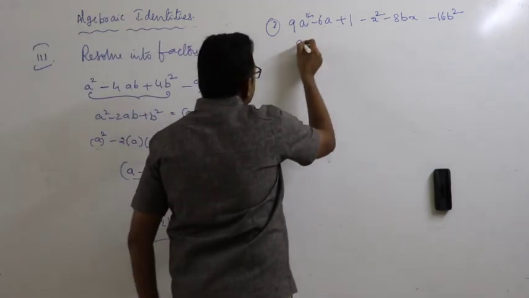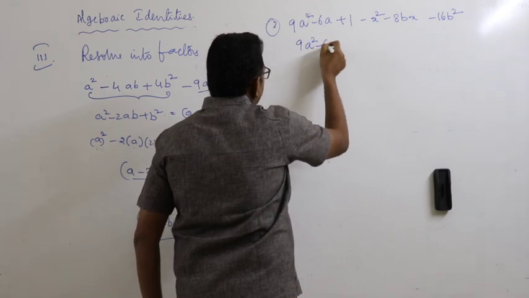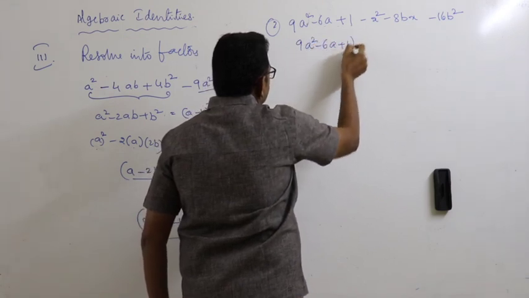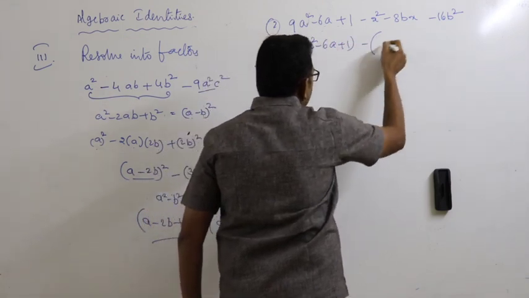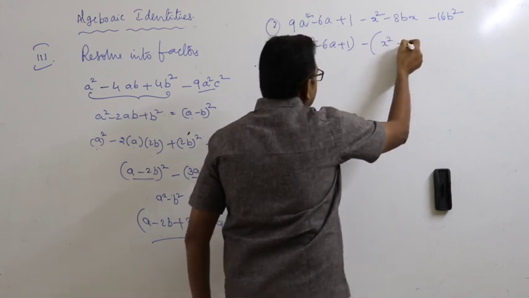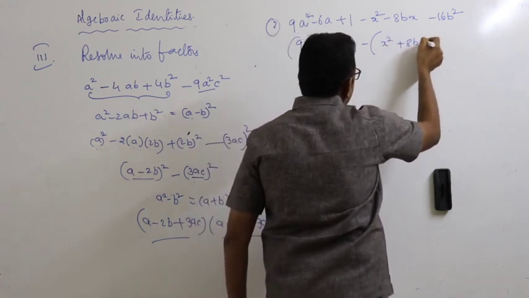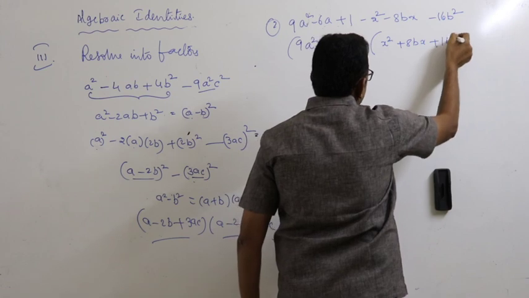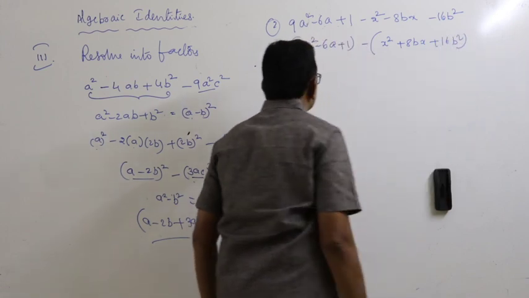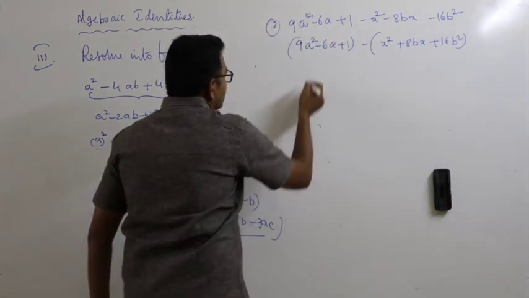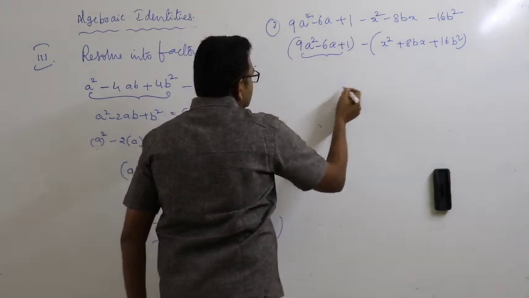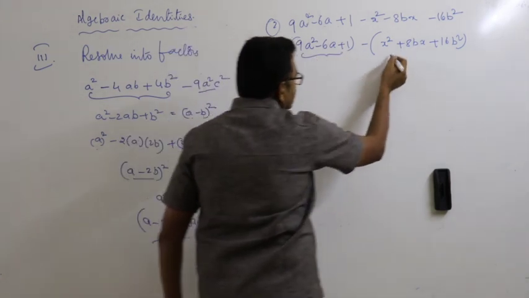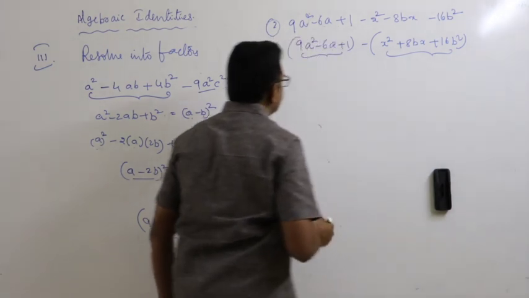So this is 9a square minus 6a plus 1 minus, taking common, x square plus 8bx plus 16b square. First of all, this reduces into a perfect square, this also reduces into a perfect square.